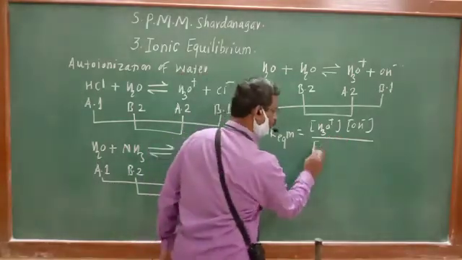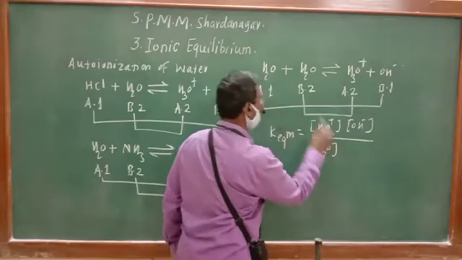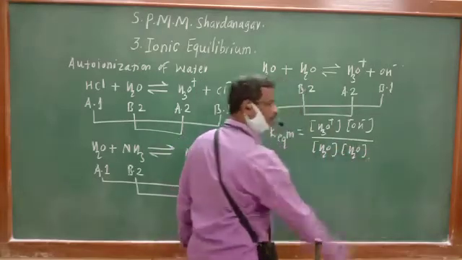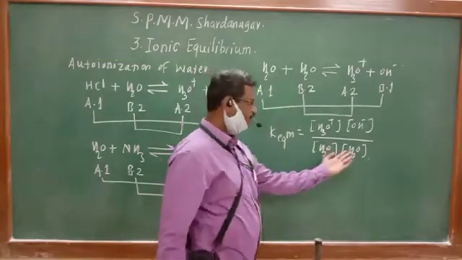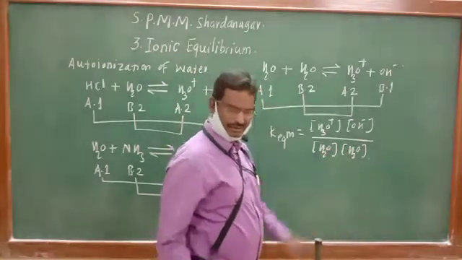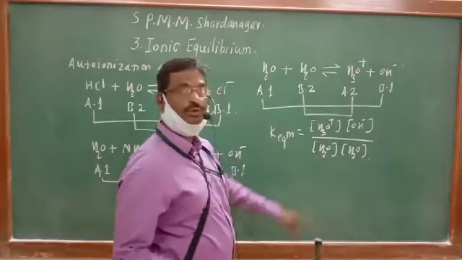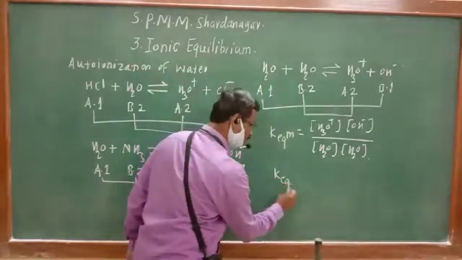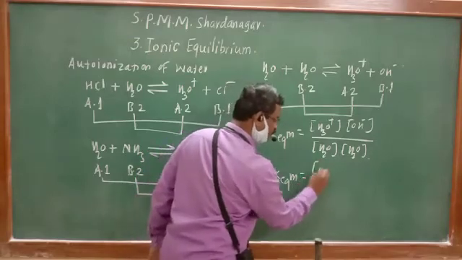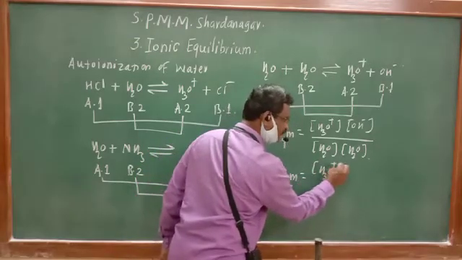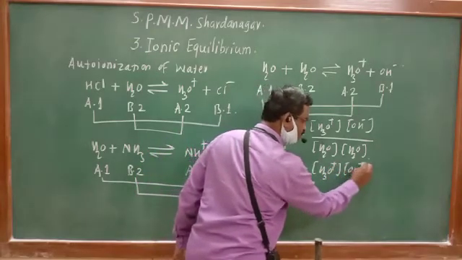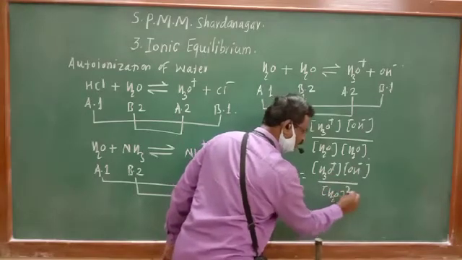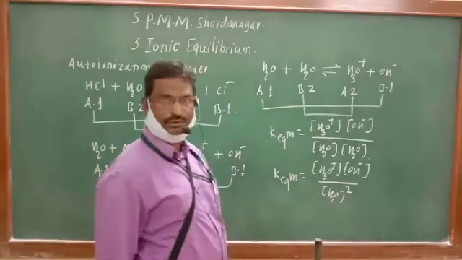So it is divided by concentration of H2O into concentration of H2O, or this can also be written as concentration of H2O squared. So K equilibrium equals concentration of hydronium ion into concentration of hydroxide ion divided by concentration of water squared.